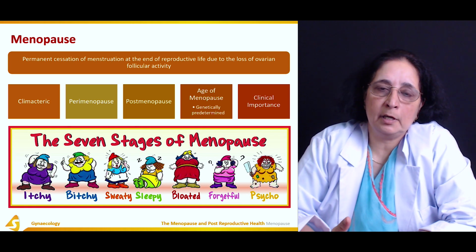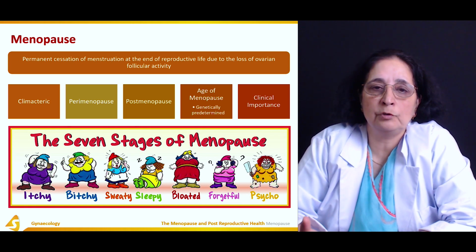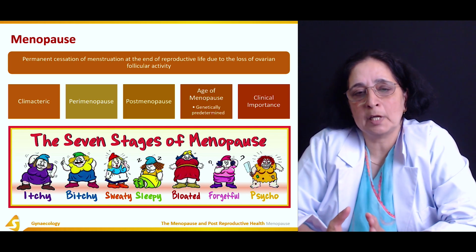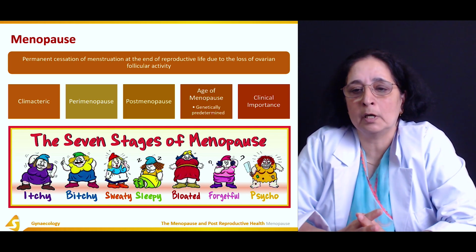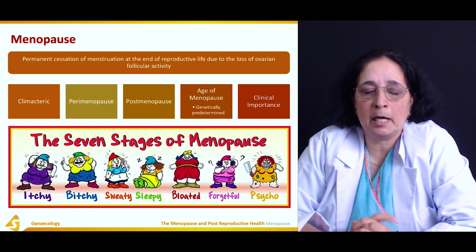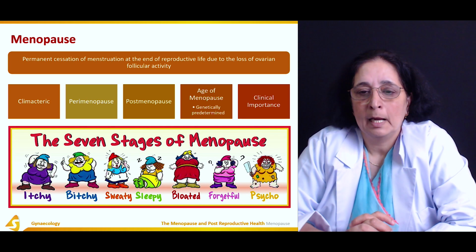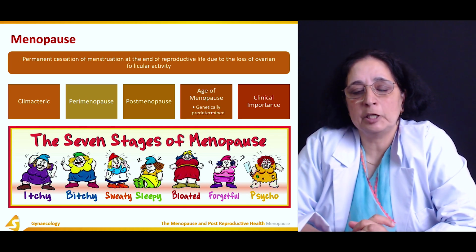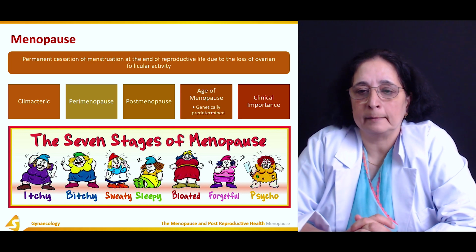Usually there is a period of absence of 2-3 months, and then suddenly in 1 month there is a cycle. So cycles become very irregular in the perimenopause time. And then post-menopause is the period after the cessation of the menstrual cycle.